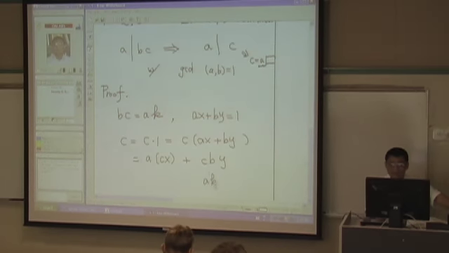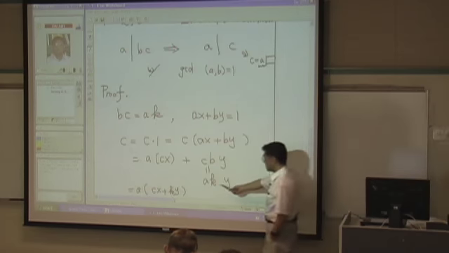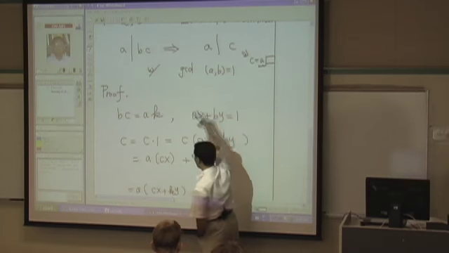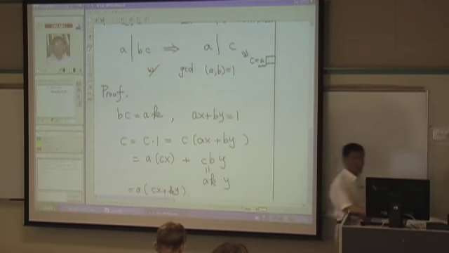So BC equals AK. Then we can extract A. After this, we have A times CX plus KY, with A extracted. All the involved letters are integers, right? So we achieve the goal. And because of this, we have proved this thing, right?